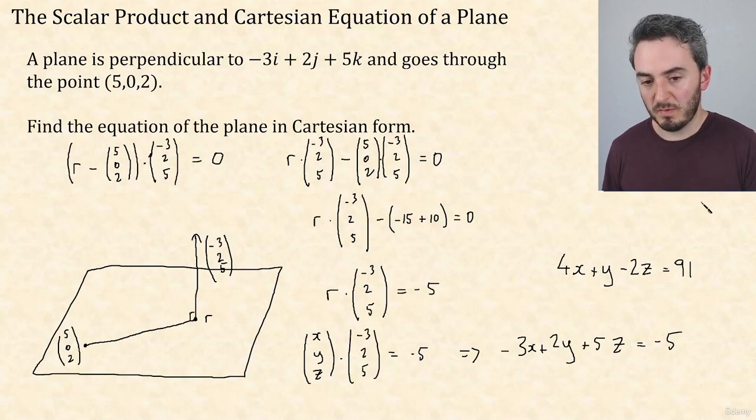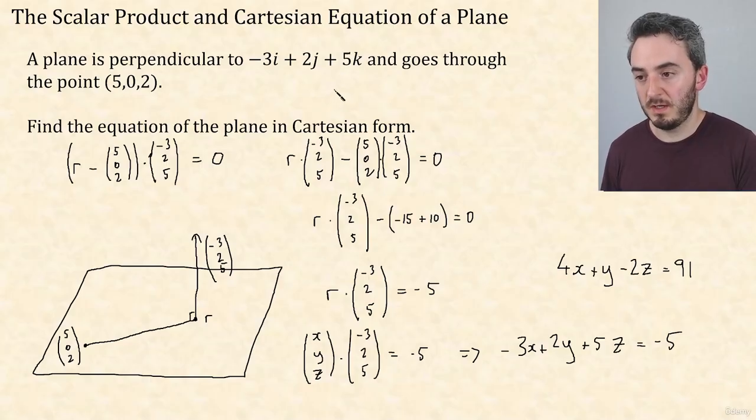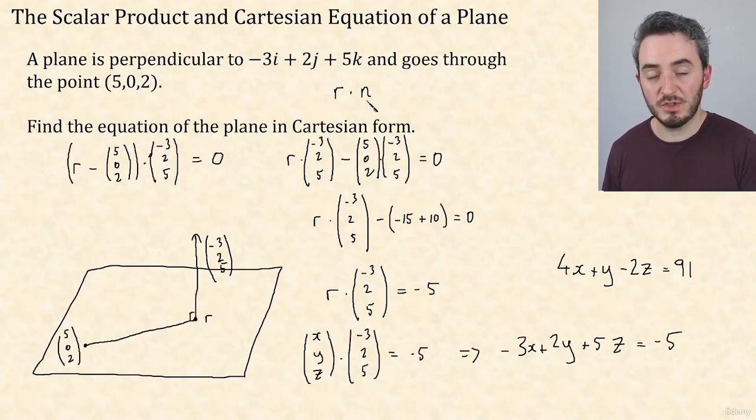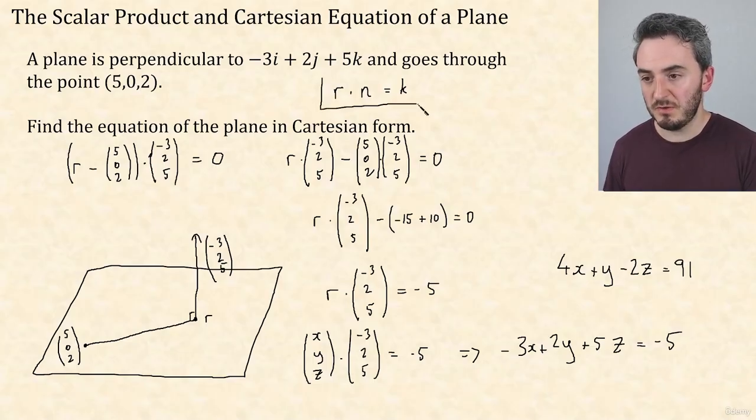So typically what we say then is that this dot product form of a plane looks something like this. R dotted with n, where n is some vector which is normal to the plane, equals k, where k is some constant. So in its most basic form, that's the dot product form of the vector equation of a plane, where n is normal to the plane.